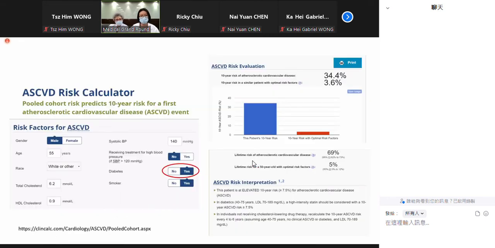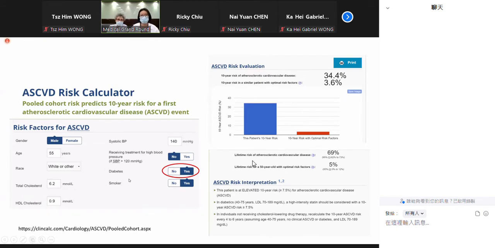I think we mentioned, in these people for primary prevention, we would maybe need to determine an estimation of the ASCVD risk. So this is one of these risk calculators. This is the pooled cohort risk calculator, which is available at this clinical website, and which you can apply.